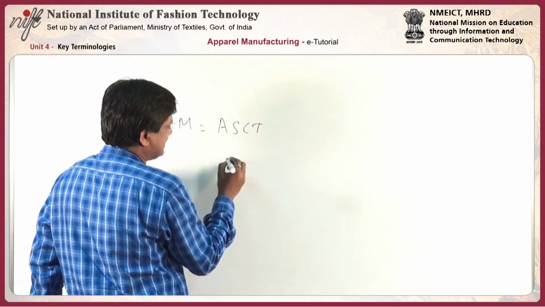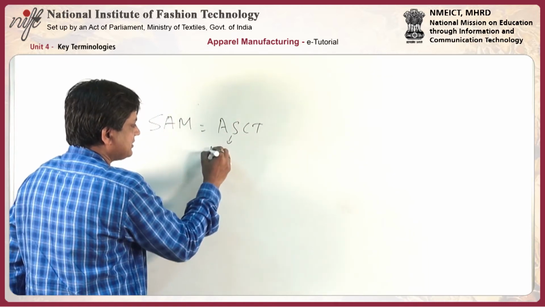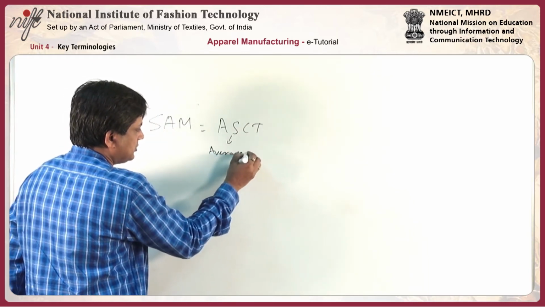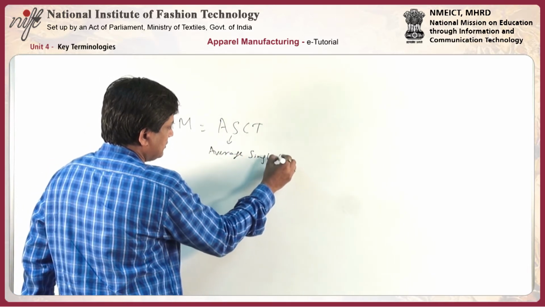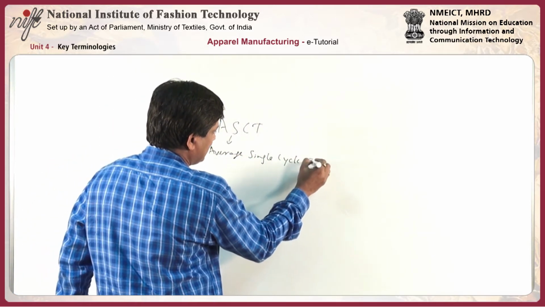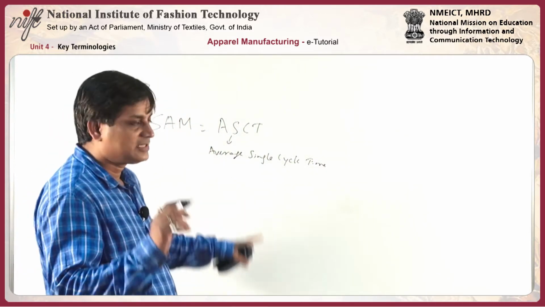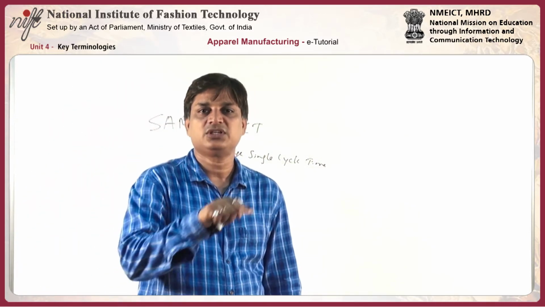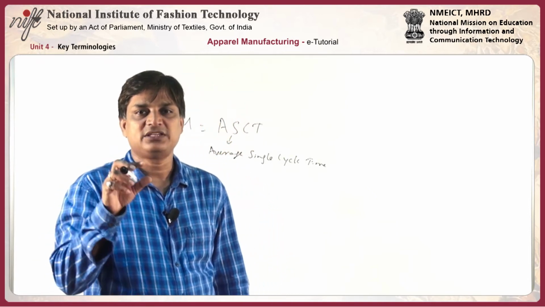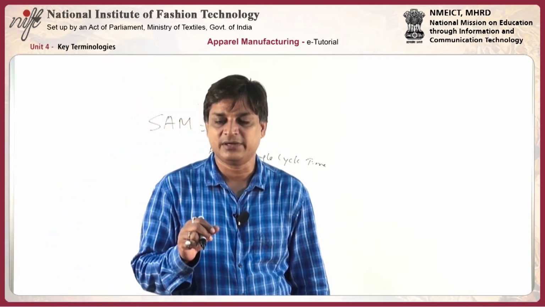ASCT. ASCT stands for average single cycle time. To find out the SAM, first we have to calculate the single cycle time, the whole rotation of the operation. An operation has different elements.